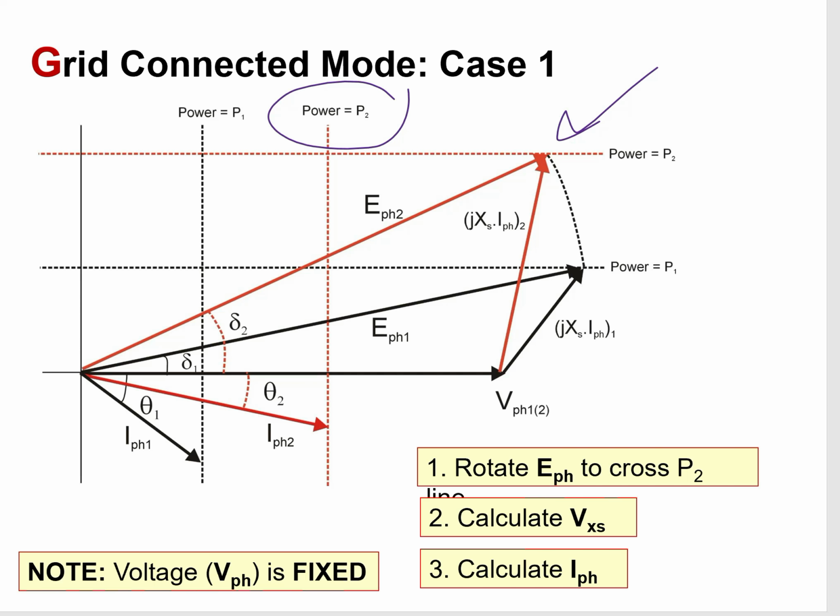This will help us know the new excitation voltage by rotating the excitation voltage from this point all the way to here, and then drawing the new line for the excitation voltage. Now the vertical power line will help us know the new phase current. So the new phase current will be rotated from here or extended from here to there. So now we have the new phasor diagram for doubling the power.